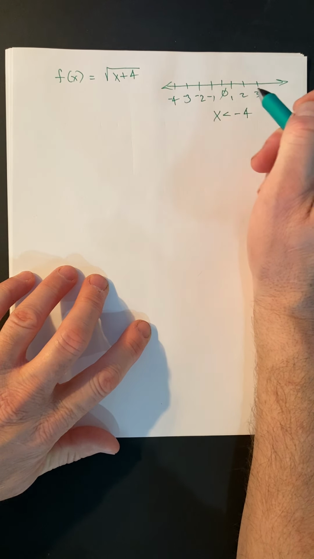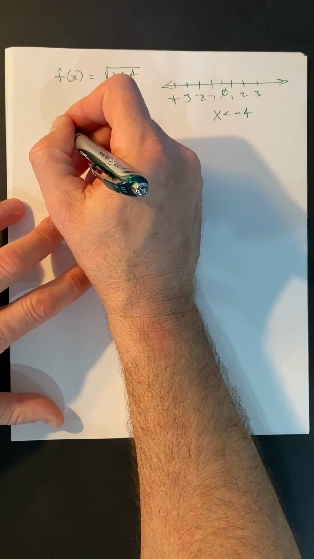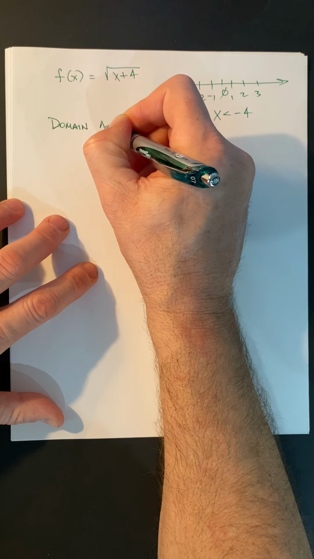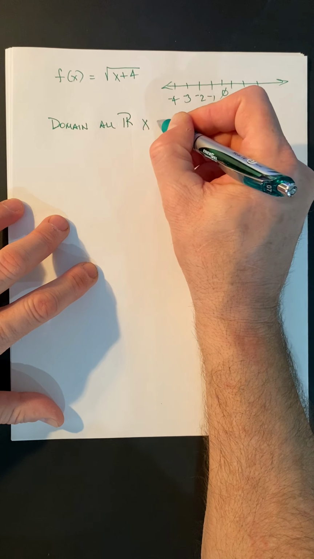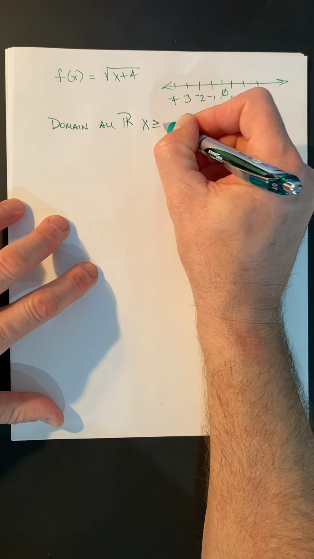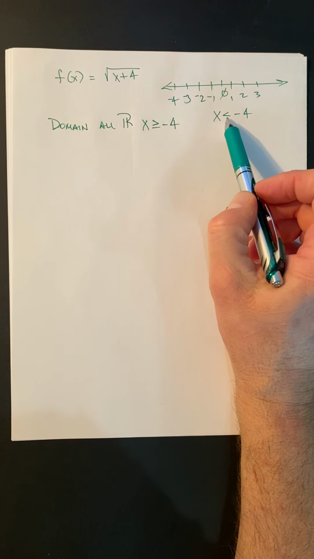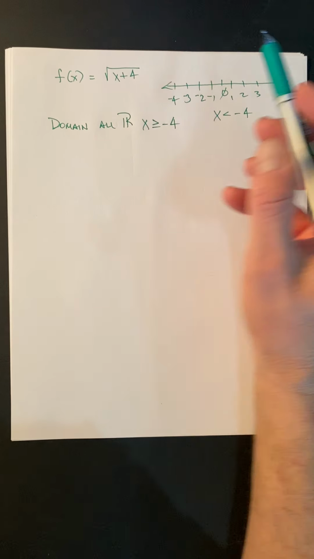is the problem I'm worried about, right? So here my domain becomes all real numbers x greater than or equal to -4, okay? So if it's less than -4, I get a negative number, right?